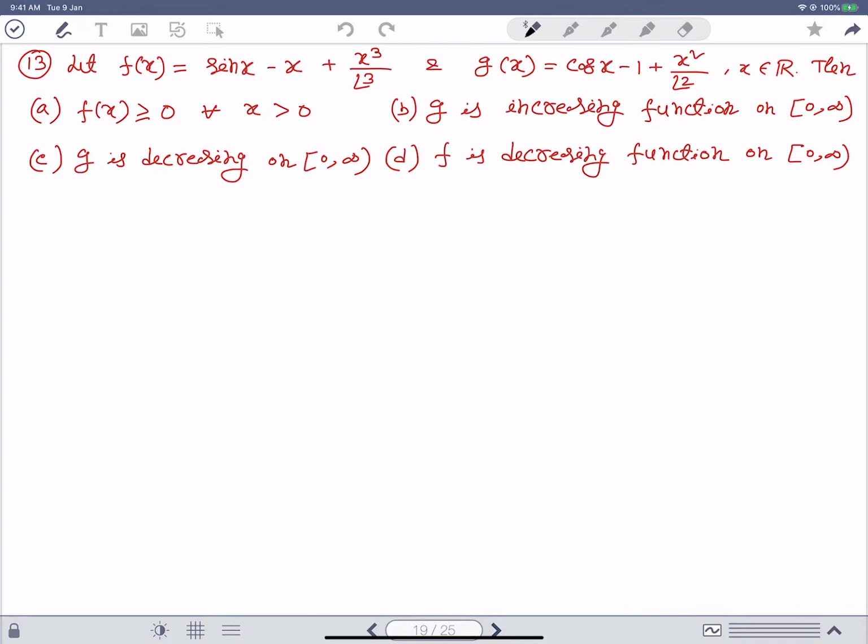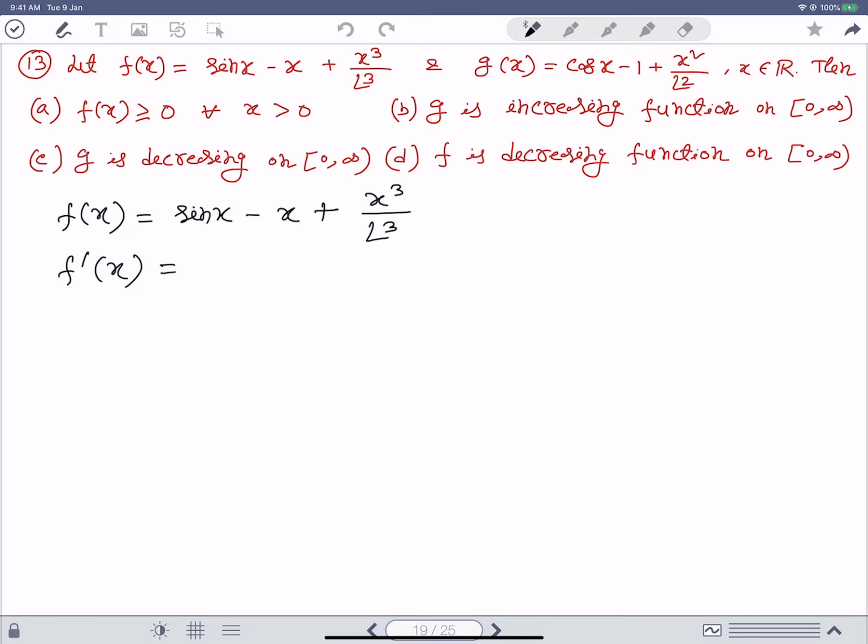Yes. Now again you can just use the derivative of this function. So first of all, now this is interesting. So what is my f(x)? f(x) is sin x minus x plus x cube by factorial 3, right. Now what is my f dash x then?